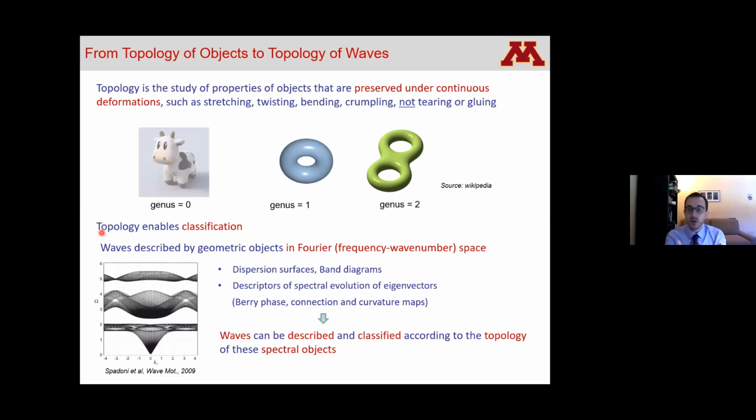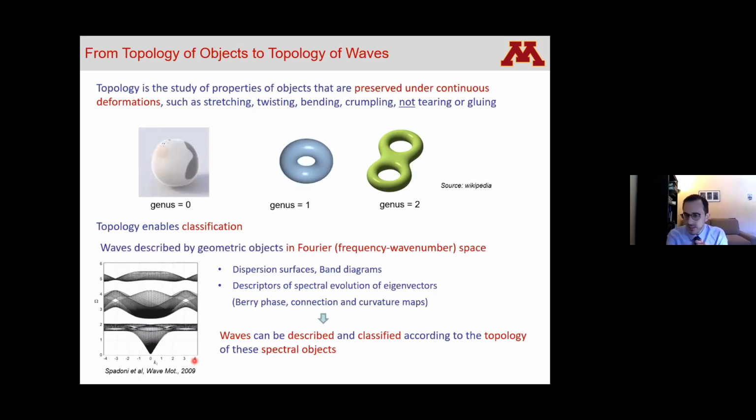We provide a representation of the wave in Fourier space. In fact, the wave can be described by geometric objects that live in Fourier space. For example, those dispersion surfaces that I mentioned earlier, which come from the solution of the eigenvalue problem for the unit cell, are indeed geometric objects that live in the frequency wave number space.